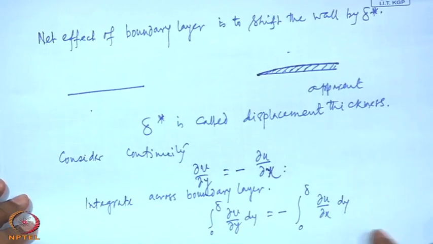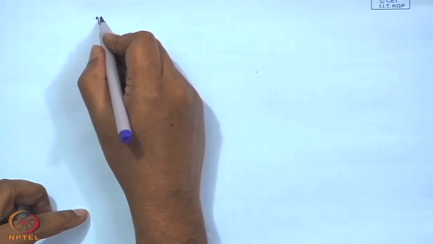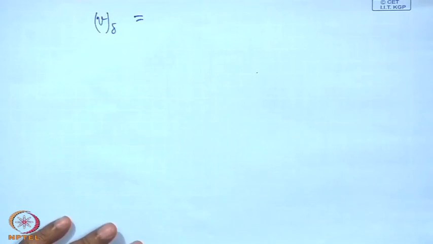What is this left hand side? Left hand side can be integrated explicitly. V at delta, V at 0 is 0, so V at delta is equal to zero.